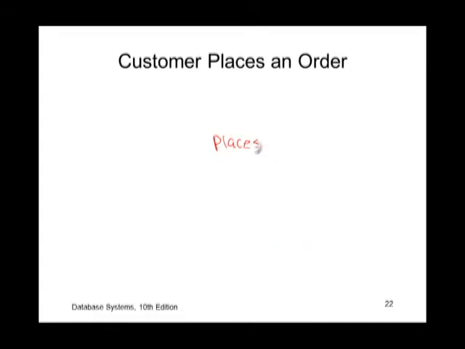Tablet is not cooperating today. We know the left side of our expression is going to contain customer. And the right side is going to contain orders, or an order.